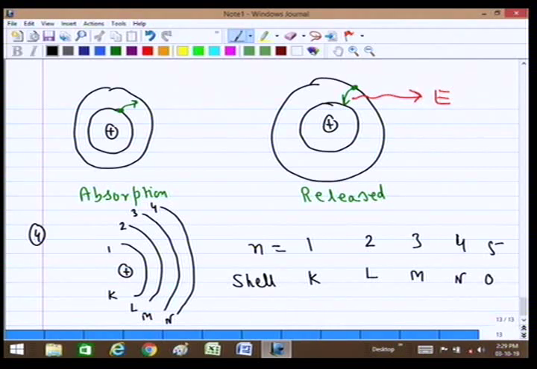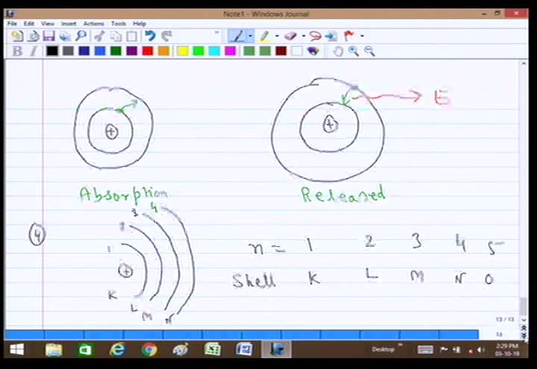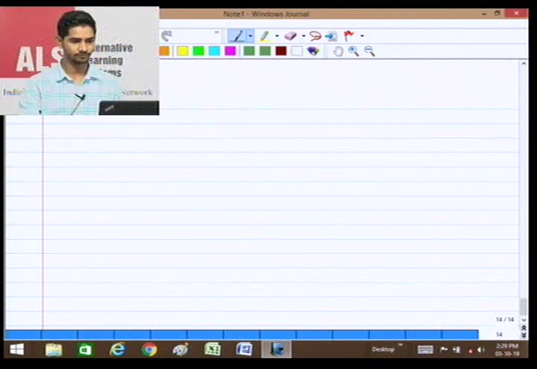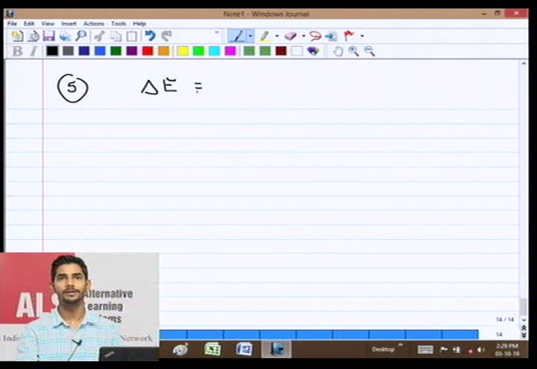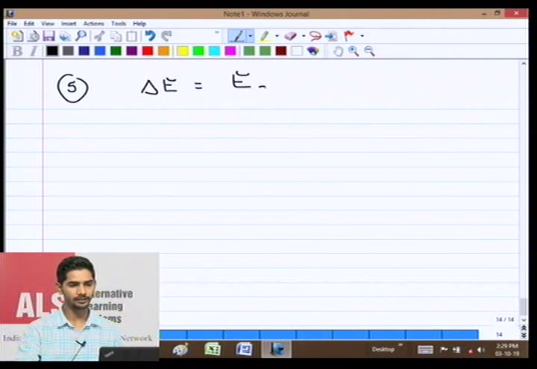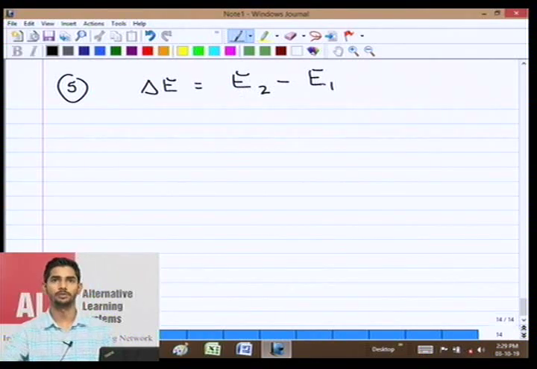So let's move on. Number 5. The change in energy. When an electron jumps from one energy level to another energy level, it can be written like this: E2 minus E1. Okay, bigger minus smaller.